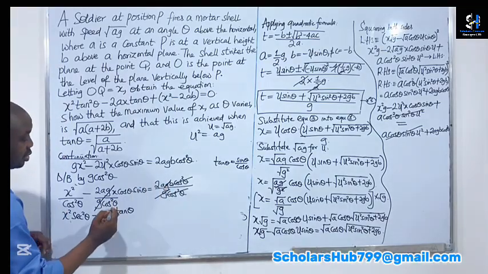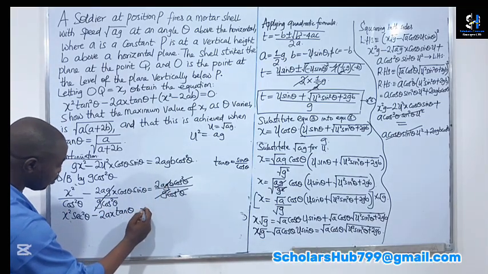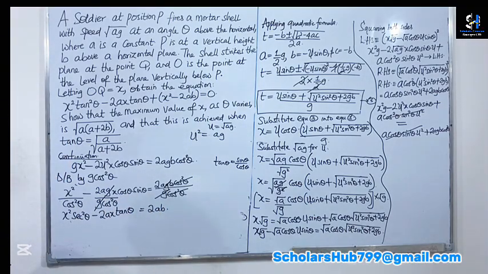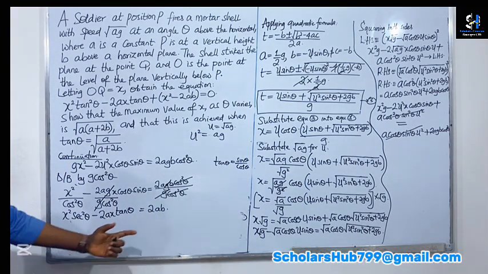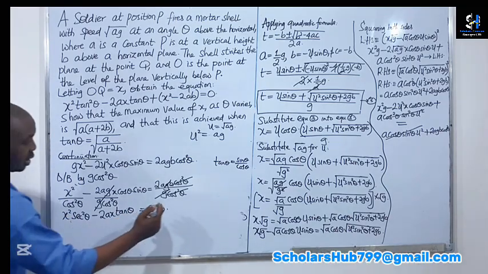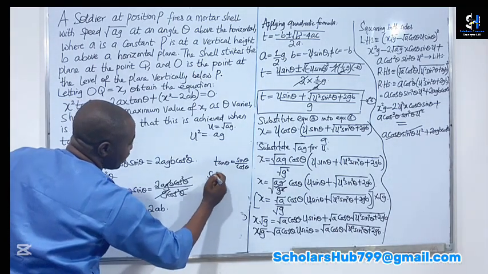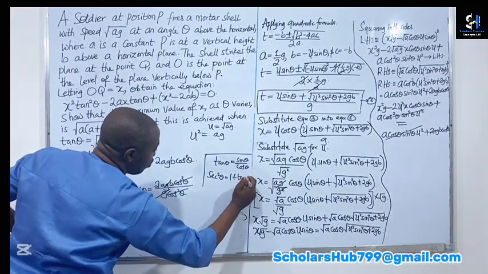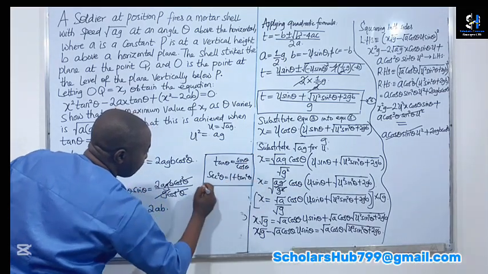G will cancel G. Then on the right hand side, we're going to have 2ab. I'm going to move this down here, but we know that sec squared theta is the same thing as 1 plus tan squared theta.